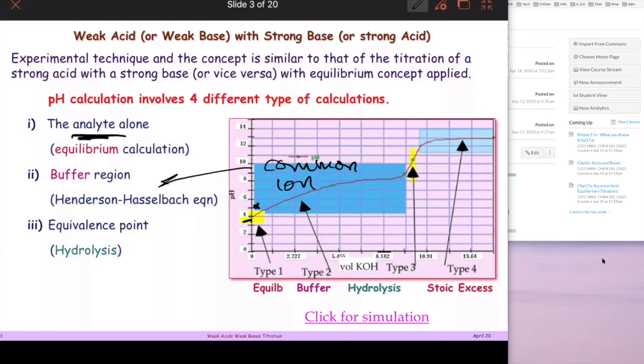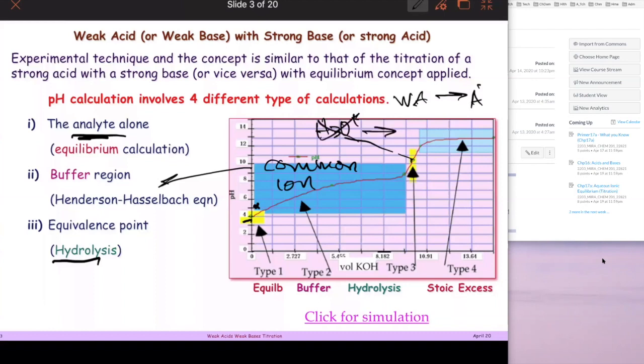So you've got to do that. But remember, that's called a hydrolysis problem. You're looking at the conjugate of your analyte and you're calculating the hydronium or hydroxide. In this particular case, because the analyte is a weak acid, it converts over to its conjugate base. So at the equivalence point, you're not calculating hydronium ion concentration anymore.